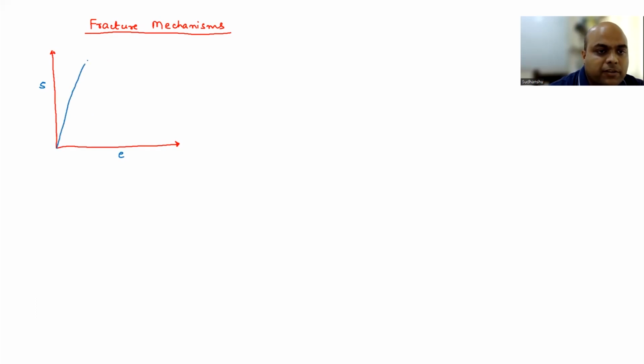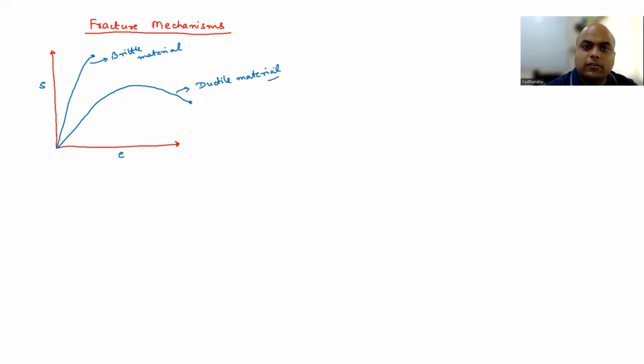One plot is like this and another plot is something like this, not to scale, but the nature is like this. This one is a brittle material and the other one is a ductile material. These two things you already know. We have discussed this in the previous course, mechanical behavior of materials part 1.